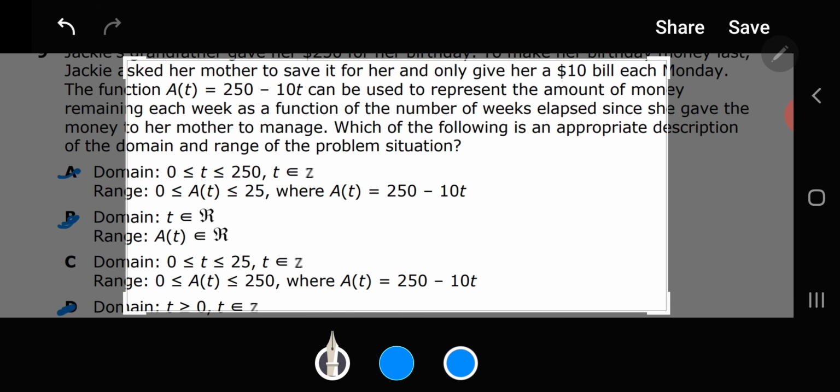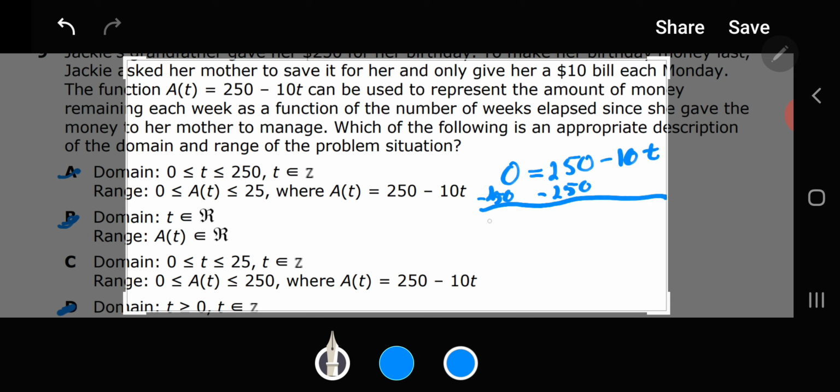If we had to solve, I'm just doing it for an extra example if we ever have to do this. We would take the amount of 0 because that's when it stops. We have 250 minus 10t, and we just solve for t to find pretty much our highest domain member, because our lowest, of course, is 0 weeks passing by. So real quick to solve, we'll get rid of that 250 by subtracting it from both sides.